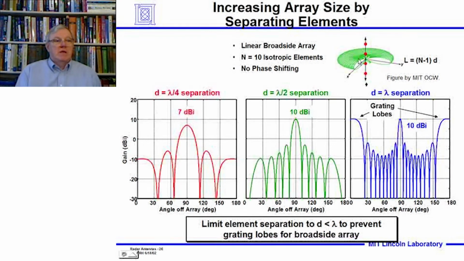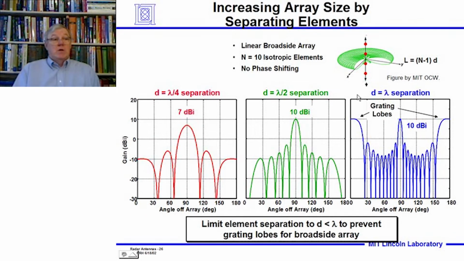Again for a broadside array, let's see what happens if we change the separation. If we make the separation lambda over 4, we just get a gain of 7 dB above isotropic. And if we separate them lambda over 2, we get the full gain of 10 dB. But if we separate them more than lambda over 2, in this case a wavelength, so-called grating lobes appear. That means a significant amount of energy is received at angles other than the beam, the angle we want to point at.